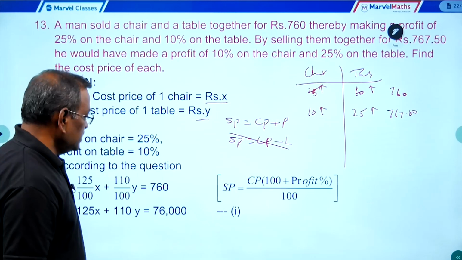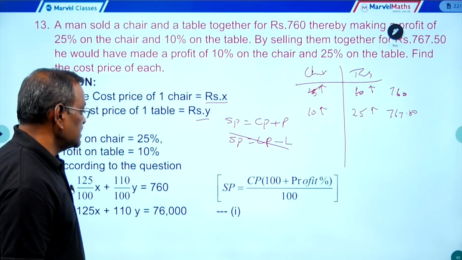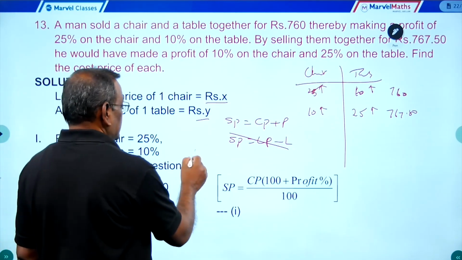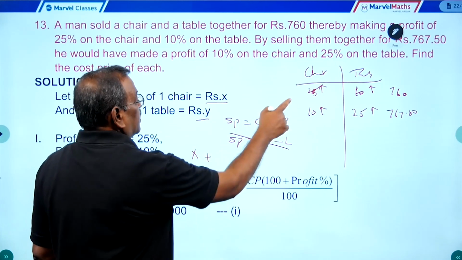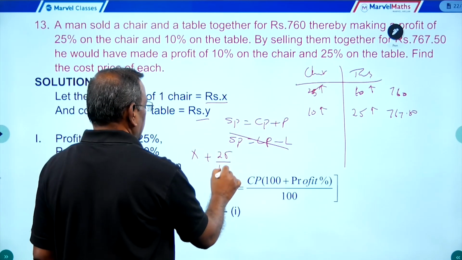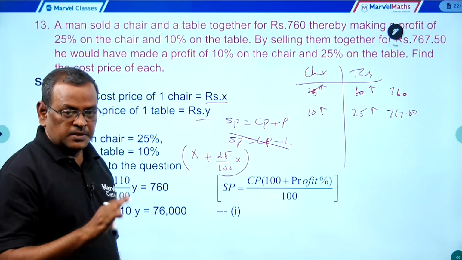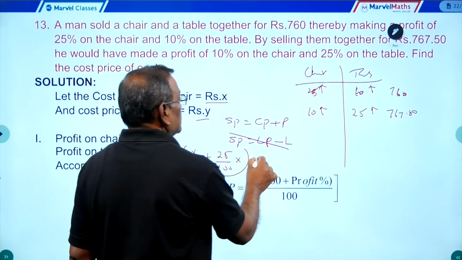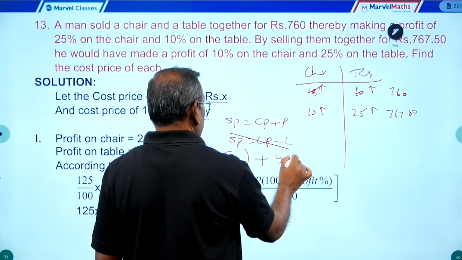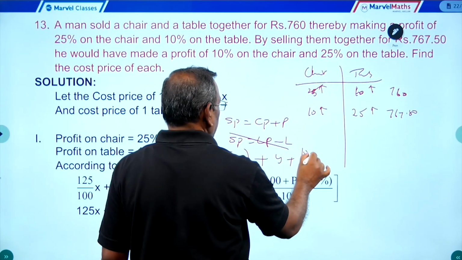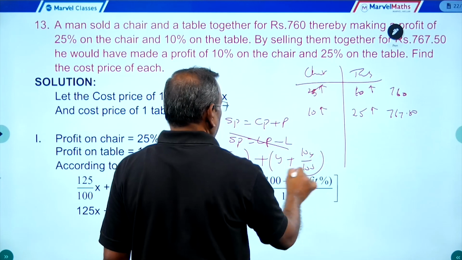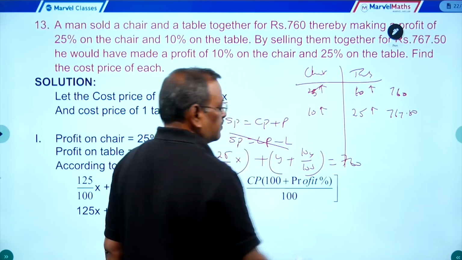So what is the selling price of the chair? Selling price of the chair is X rupees plus 25 by 100 into X. X rupees plus profit, plus the table, Y rupees plus 10Y by 100, equal to 760.